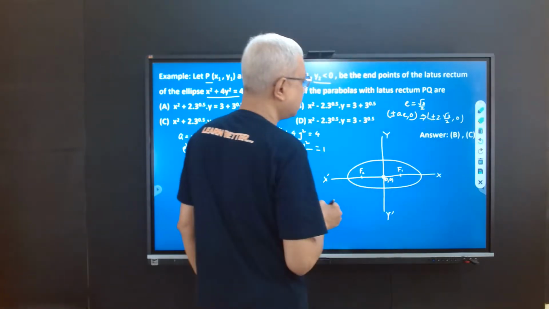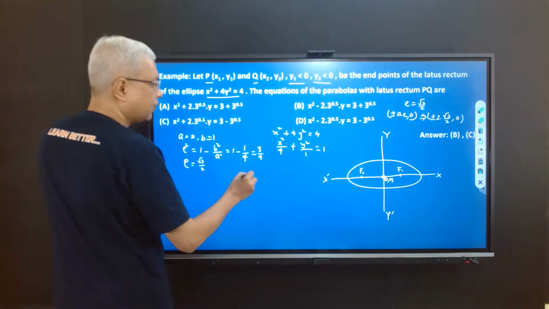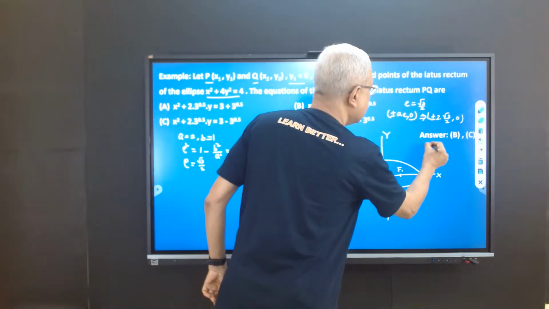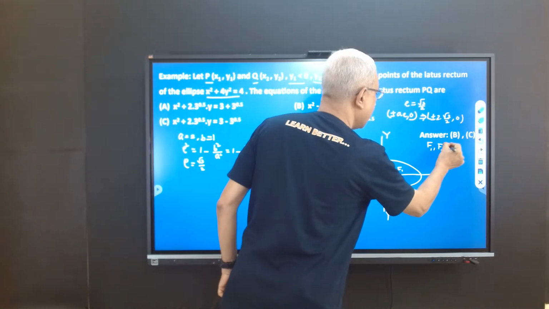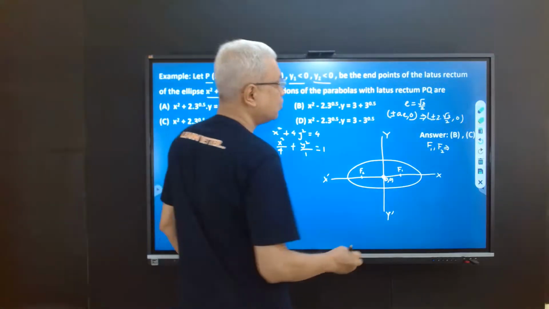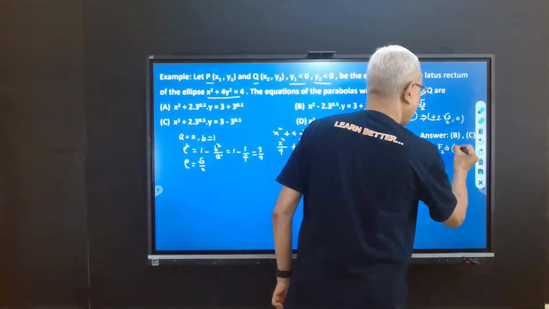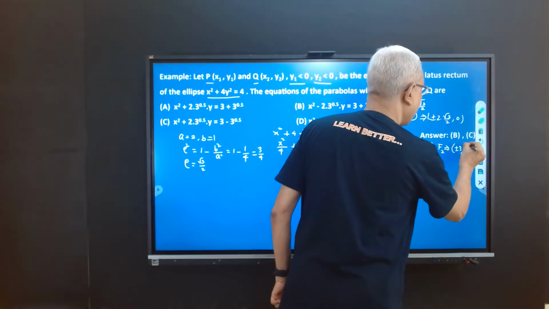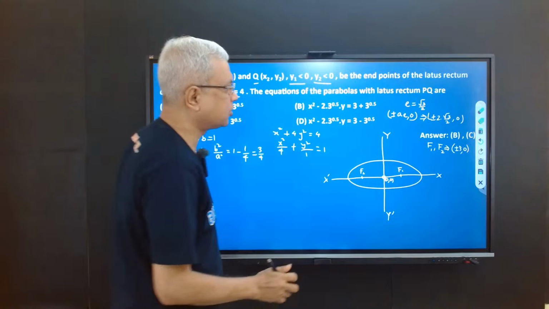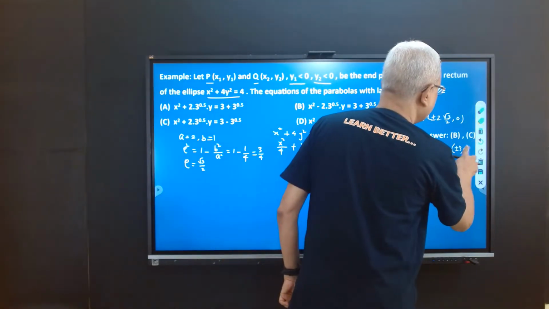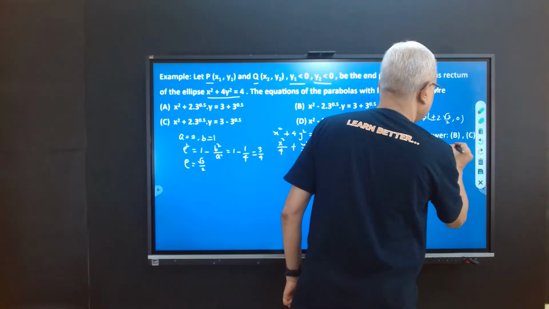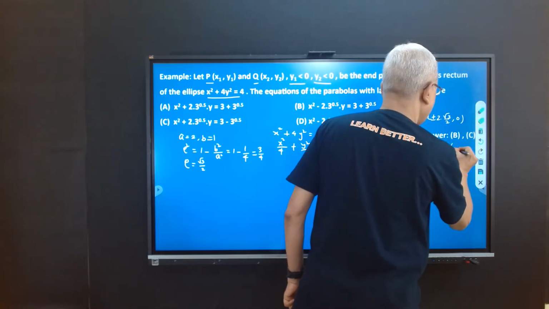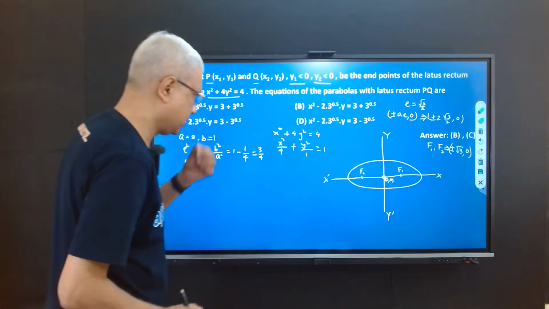So the coordinates of the foci F1 and F2 are plus minus root 3, 0. Okay? Plus minus root 3, 0, not 3, root 3, 0.